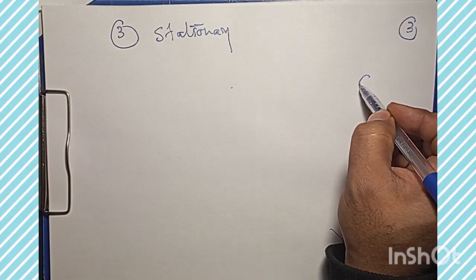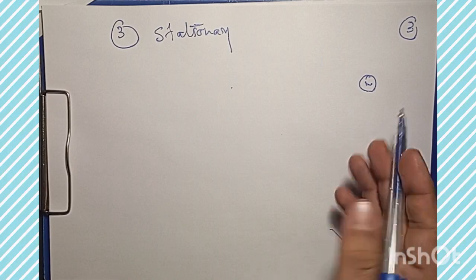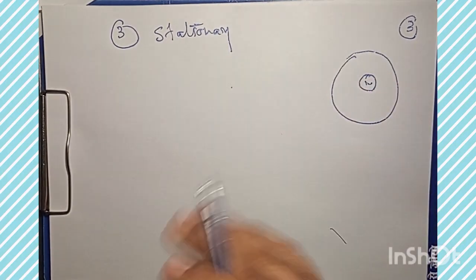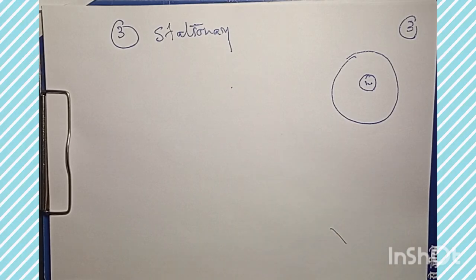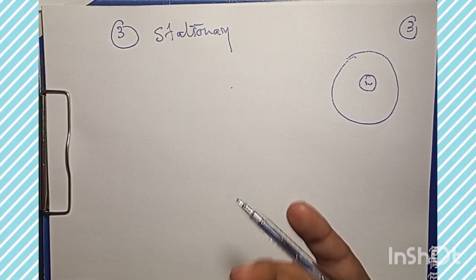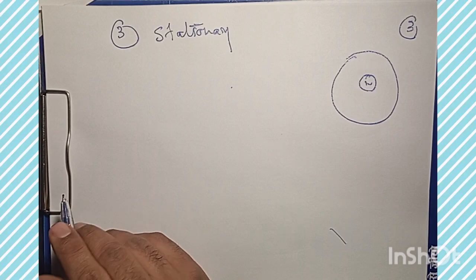There is no motion assigned to the nucleus. The nucleus is assumed to be at rest with respect to the motion of the electron, which is not actually true, because even though there is less motion, the nucleus has its own motion. But in this model, the nucleus is assumed to be at rest.